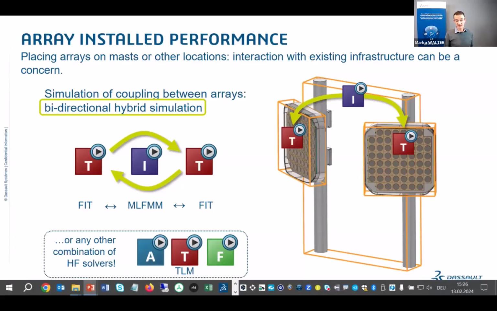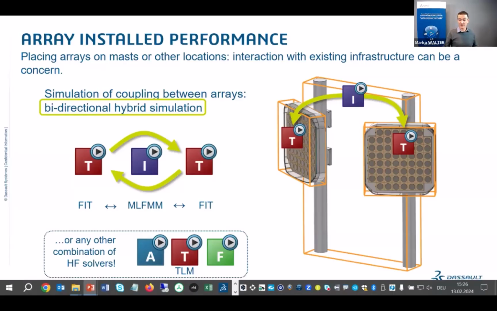In this case, we have two arrays placed in close proximity on two parts of a mast, let's say. For each of the individual arrays, we use a time domain approach. Could also be a frequency domain approach. But we use a time domain approach, and the space between them, so the coupling between them, we are simulating using an integral equation approach. So that's simulating this relatively small channel, the local environment.